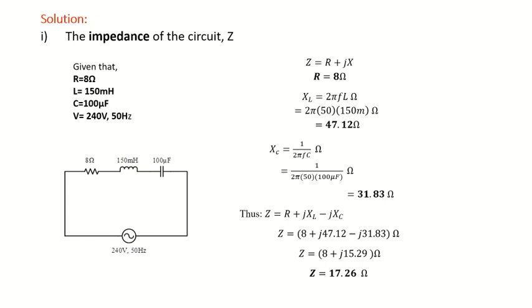The L is in Henry, so you have to find the reactance in ohms. By using this formula, 2 pi, you use the frequency at 50 hertz with your given inductor at 150 milli.